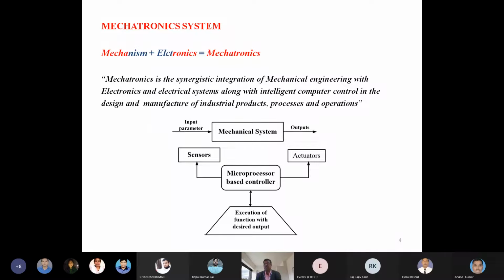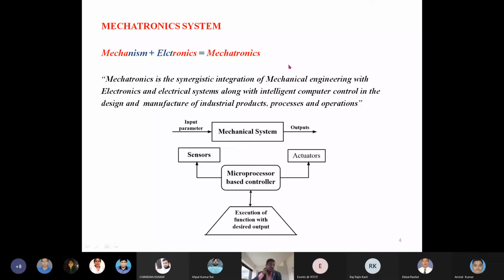CNC partially has a mechatronic system of manufacturing, because everything is computer controlled and no human being is involved in manufacturing the component. Basically, mechatronics is derived from the word mecha, from mechanism, and electronics, from electronics, that compose mechatronics.